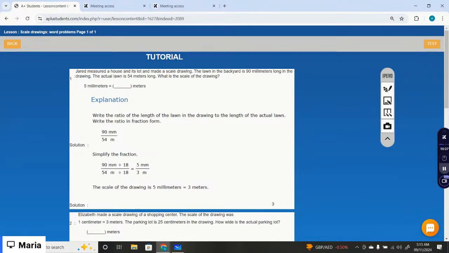The lawn in the backyard is 90 millimeters long in the drawing. The actual lawn is 54 meters long. What is the scale of the drawing? So write the ratio of the length of the lawn in the drawing to the length of the actual lawn, right? So in the drawing it is 90 and actually it is 54 meters, right?